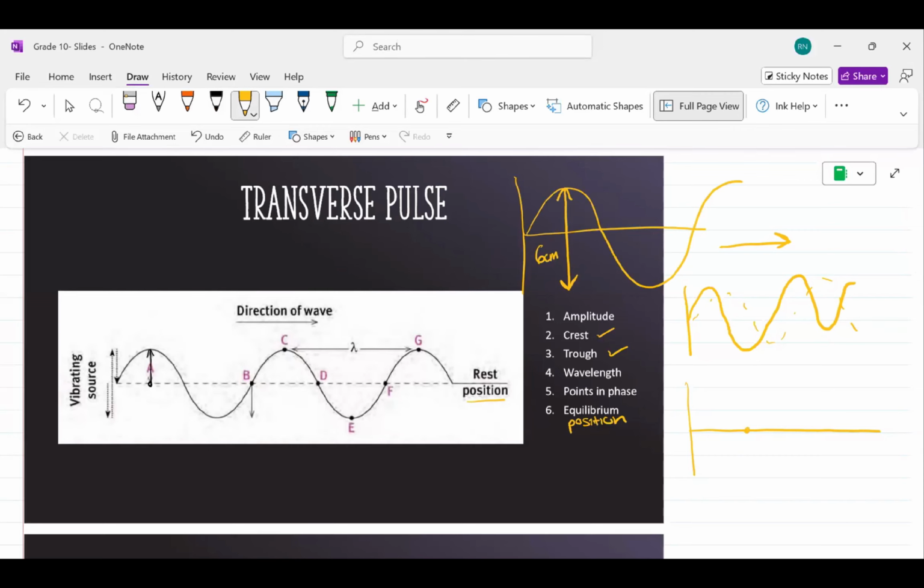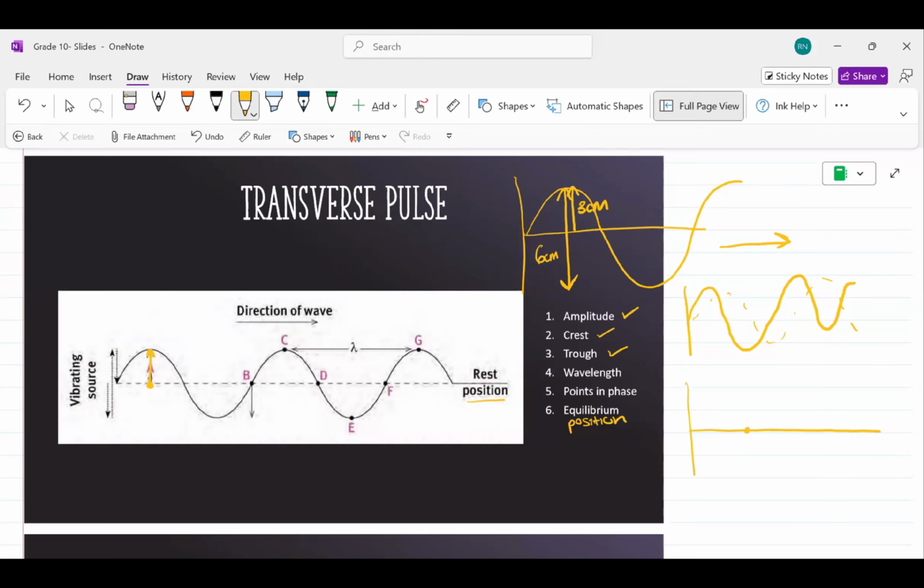Now, we know that the amplitude, like we've just said, is the distance from the midpoint here to the top of the crest, right? And so that means that our amplitude isn't going to be 6 centimeters, but rather half of 6 centimeters, which is going to be 3 centimeters. So our amplitude is actually 3 centimeters. Okay, and so that would be our amplitude.